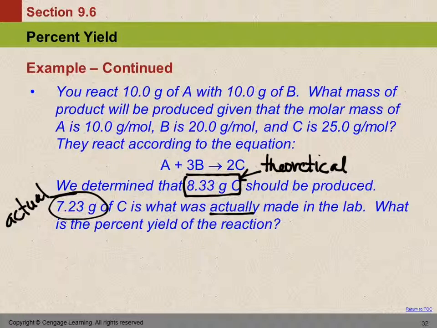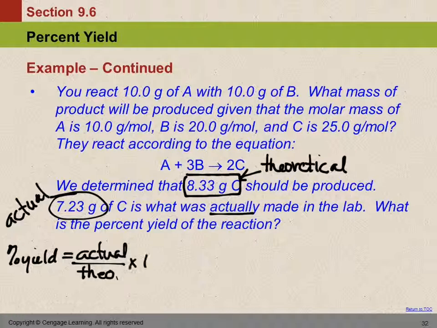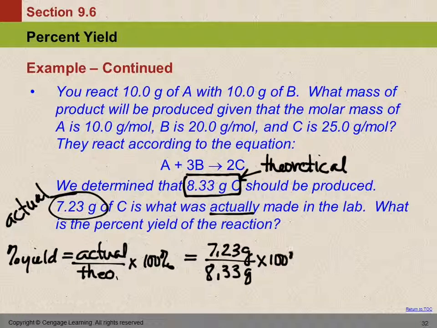What's the percent yield? Well, we use the equation. Percent yield equals actual over theoretical, I usually call him Theo, times 100%. So actual is 7.23 grams. Theoretical is 8.33 grams times 100%. What happens to those units, gram and gram? They cancel out.